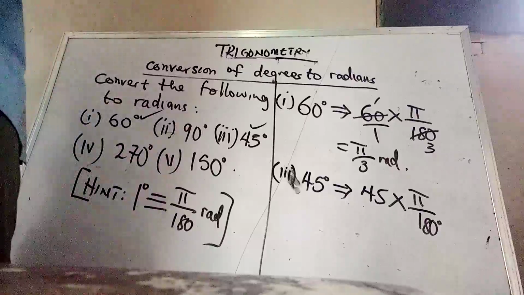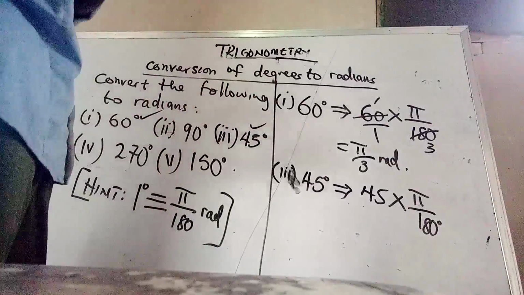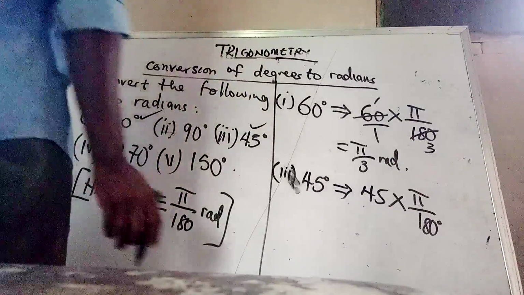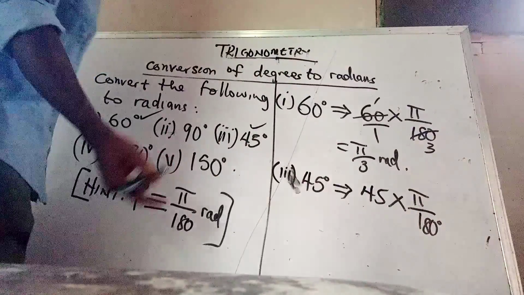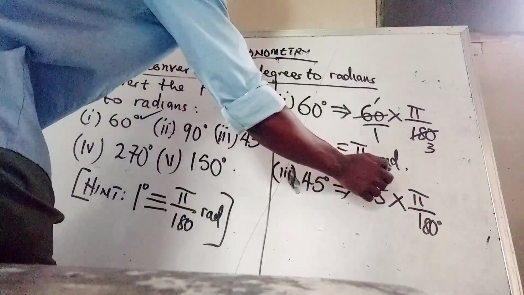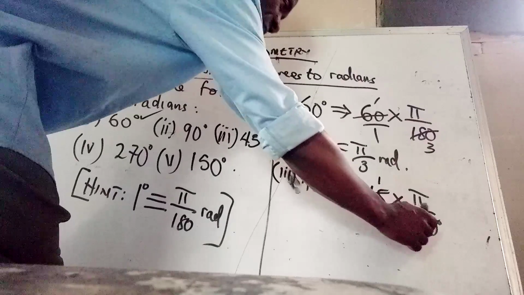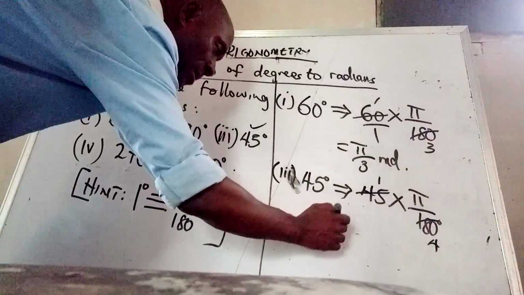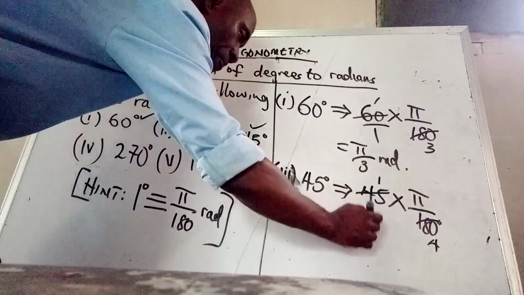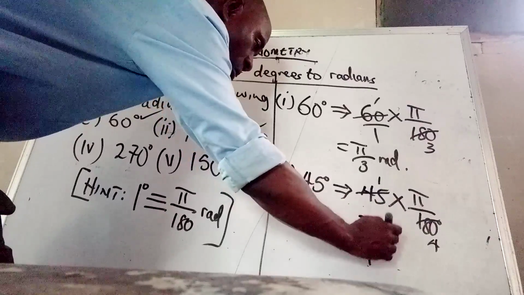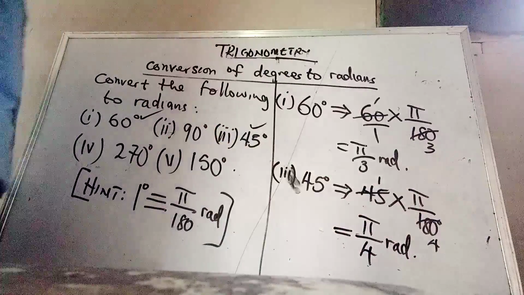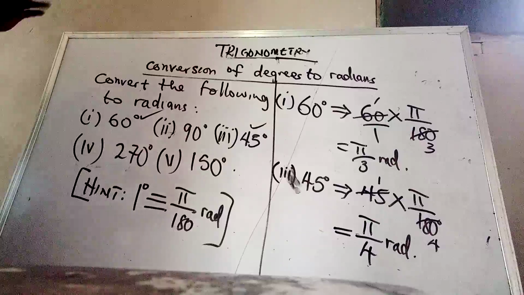I would advise you leave your conversion in fraction. So how many times will 45 go in 180? That is 4 times. 45 here 1, 45 here 4. That means 45 degree will be pi over 4 radian. It's as simple as that.